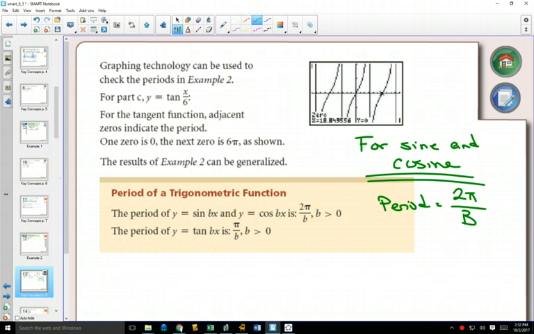Okay? If you wanted to rearrange this formula, and sometimes you'll be given the graph and you need to find the equation, when you want to write whatever that b value is, it's going to be 2 pi over the period. Now that's for sine and cosine.